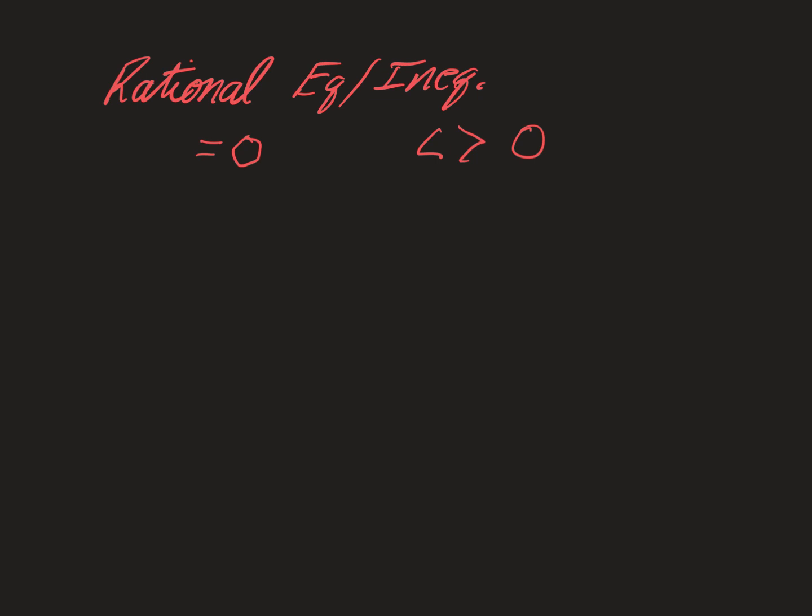Now, if we have the equation, the goal is to clear the common denominator. So clear denominators. But if we have the inequality, we want to keep the denominator. And I'll talk about the reason why we keep it in just a moment.